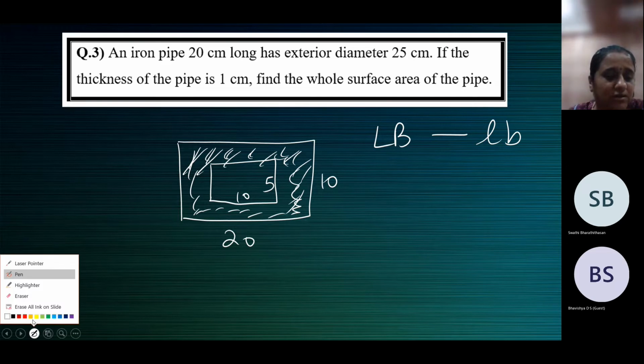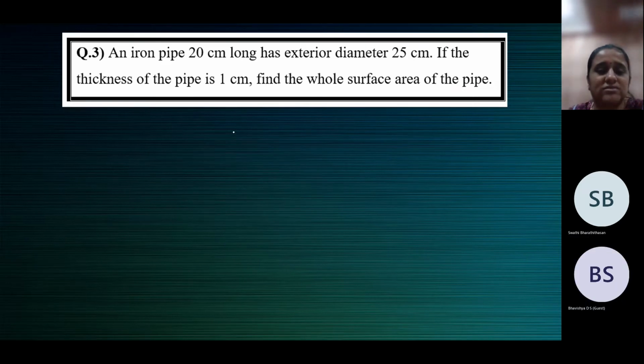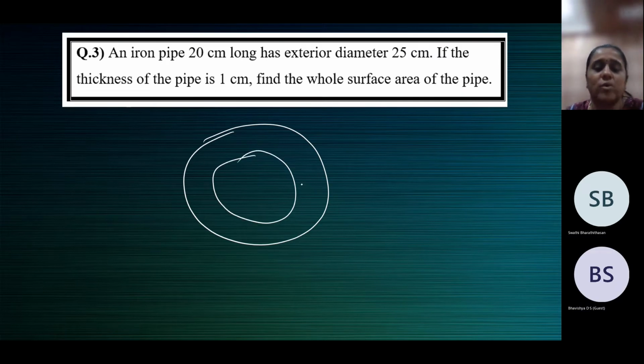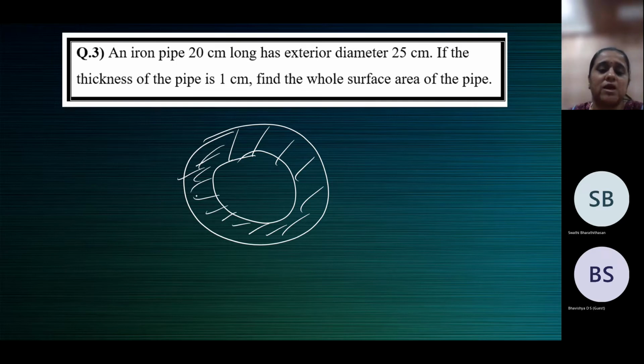In the same way, when you have two concentric circles like this, how do we find the area of the shaded region? Bhavishya, how do you find the area of the shaded region?